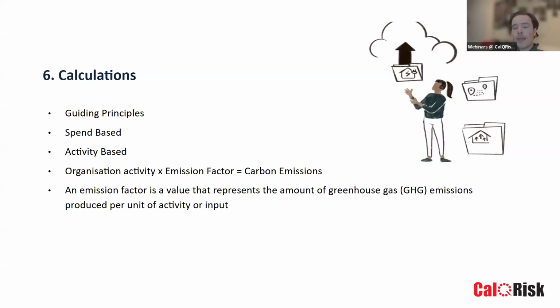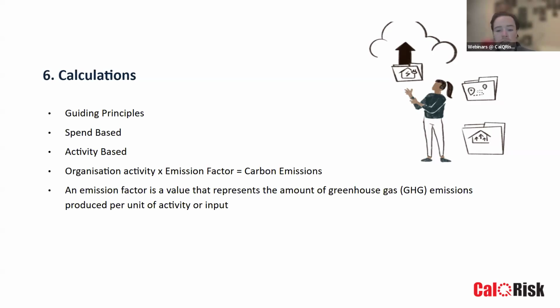The maths behind the actual calculations is quite easy. And it's probably one of the things that surprises people the most. It's at its essence the most basic sort of algebra and math sum that you can imagine. It's effectively x times y equals your output. By x times y, I mean your consumption levels or your activity levels times the emission factor, and that equals carbon emissions.